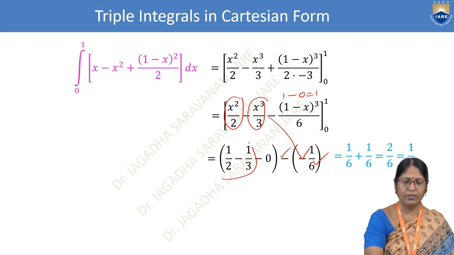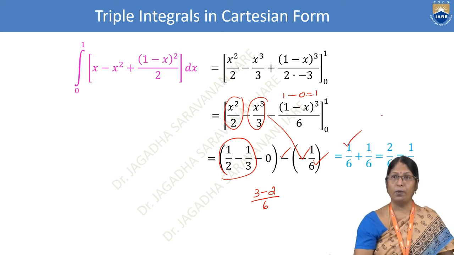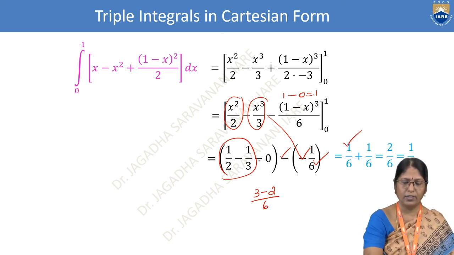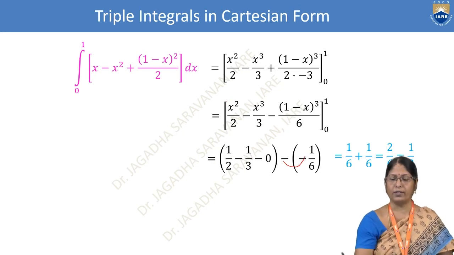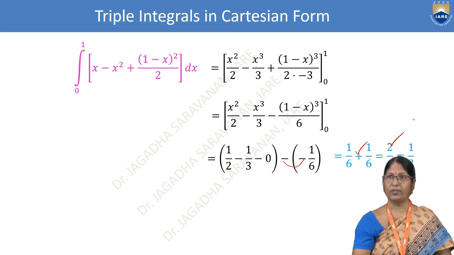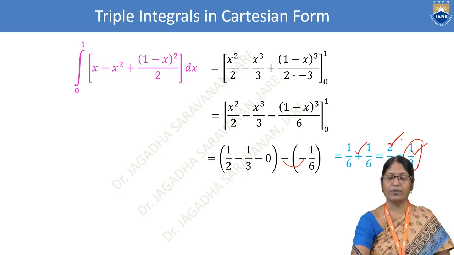Now simplifying, 3 minus 2 by 6 is 1 by 6. This minus, this minus, this minus put together has become plus 1 by 6. Put together 2 by 6. We gave the lowest form 1 by 3, taking 2 as common and cutting. The final result we got is 1 by 3.